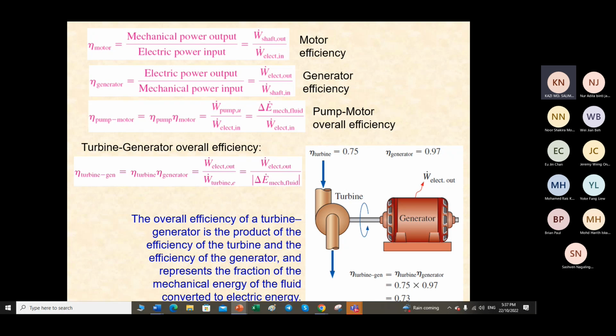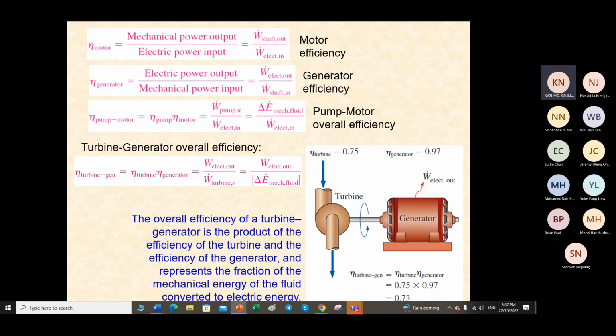You can say eta pump motor is represented by delta E mechanical fluid by W electrical, the pump motor overall efficiency. Because the pump outlet is the fluid output, and the motor efficiency is considered, the motor power consumption is in the denominator.